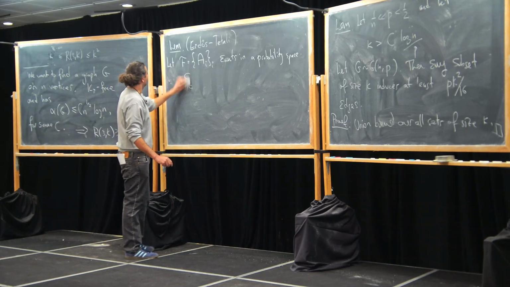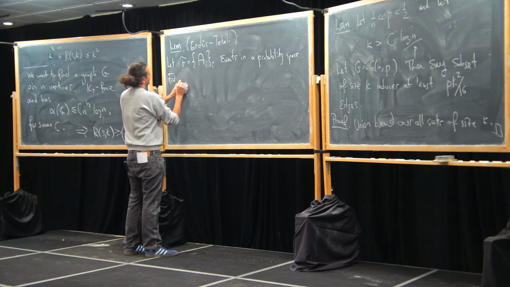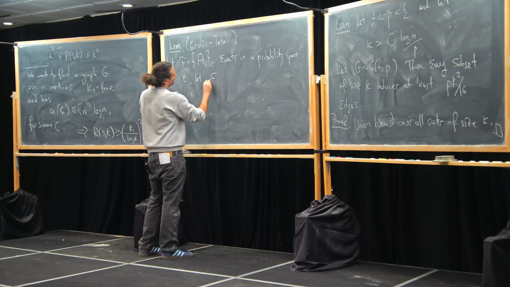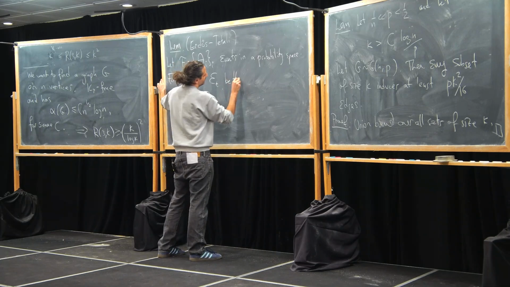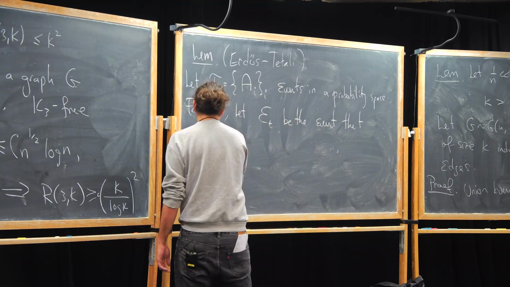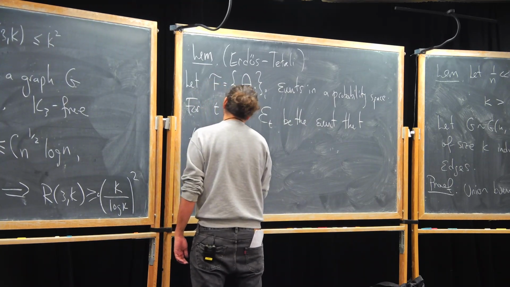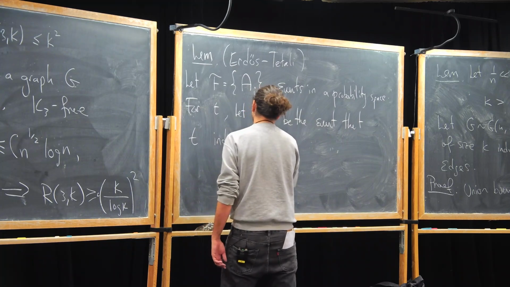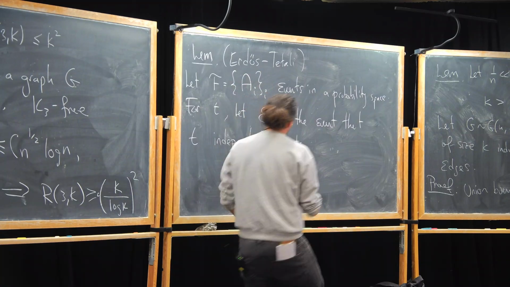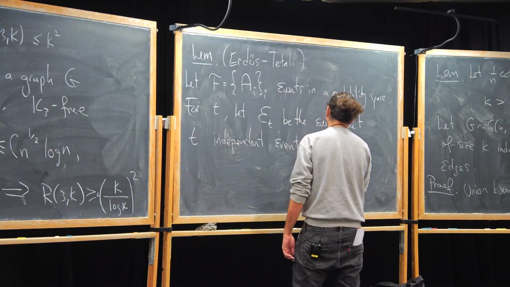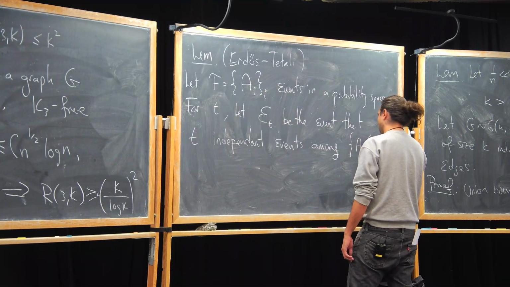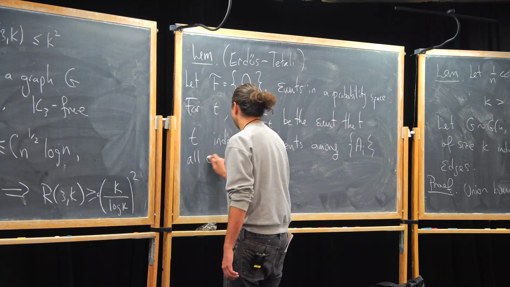Oh, I should have said, for some integer t, let epsilon t be the event that t independent events among these A_i all occur.